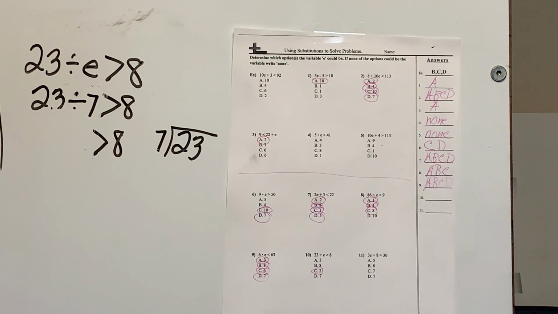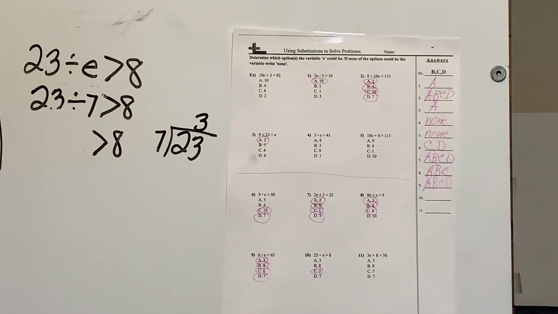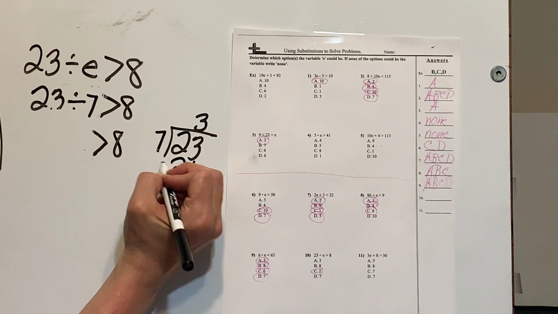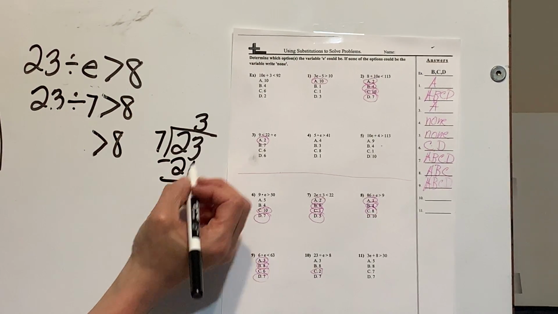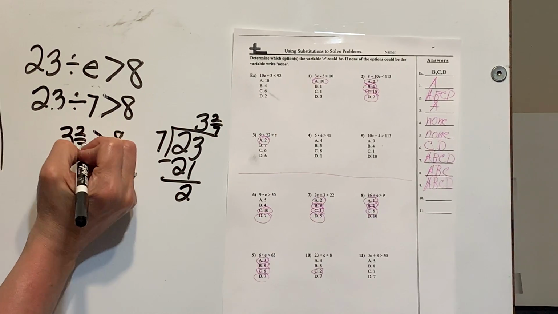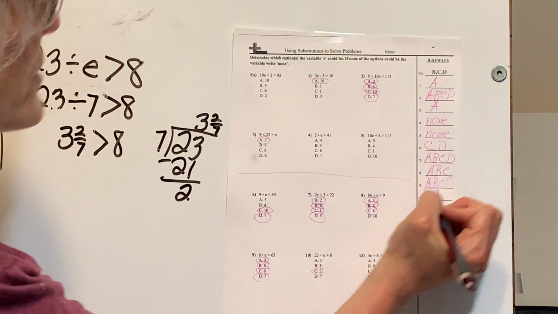So I need to make sure that I keep it with 3. All right, so 3 times 7 is 21. 23 minus 21 is 2. So it'd be 3 and 2/7. 3 and 2/7 is not greater than 8. So the only one that works is the 2. That's letter C.